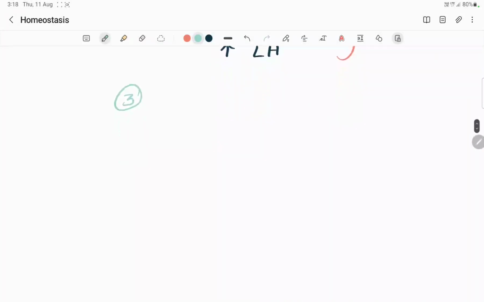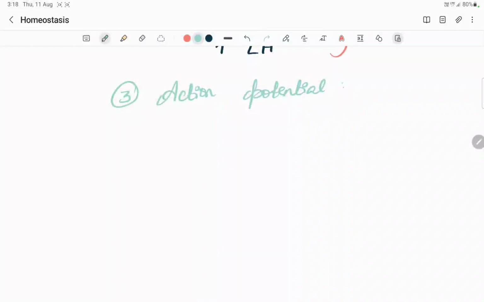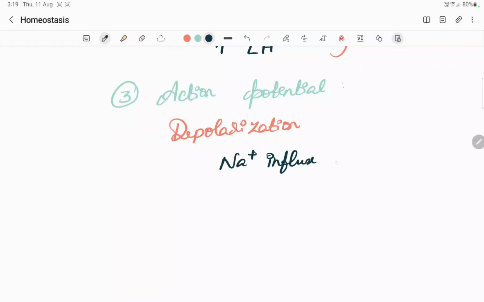Coming to the third example, action potential. So coming to action potential, in depolarization, when there is an increase in the sodium influx, it leads to further increase in sodium influx.